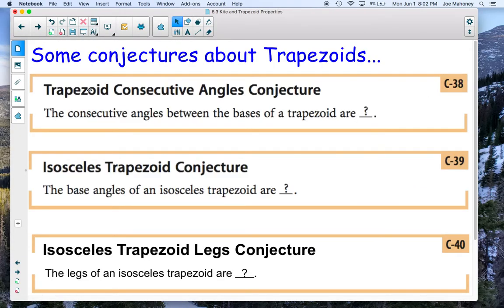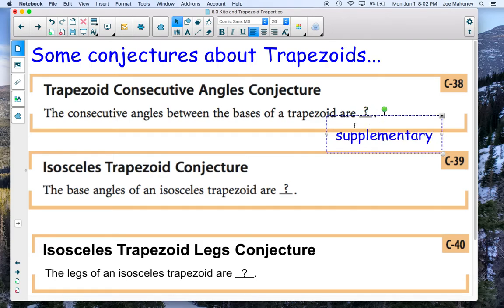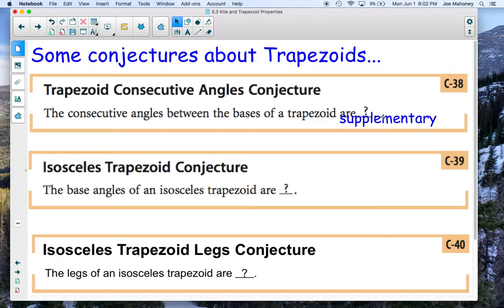So the first one, the trapezoid consecutive angles conjecture, is that the consecutive angles between the bases of any trapezoid, it doesn't have to be isosceles, any trapezoid, are supplementary. Those angles add up to 180.